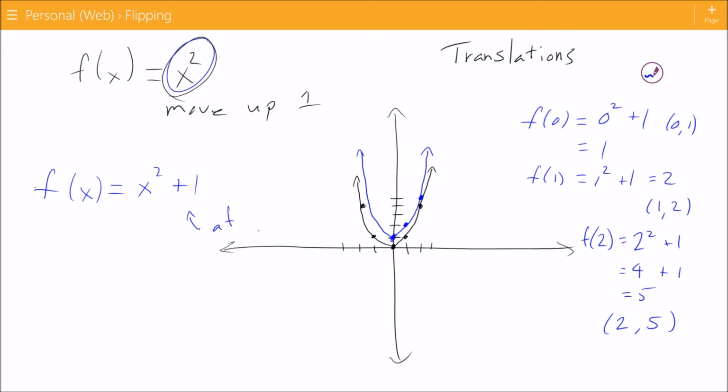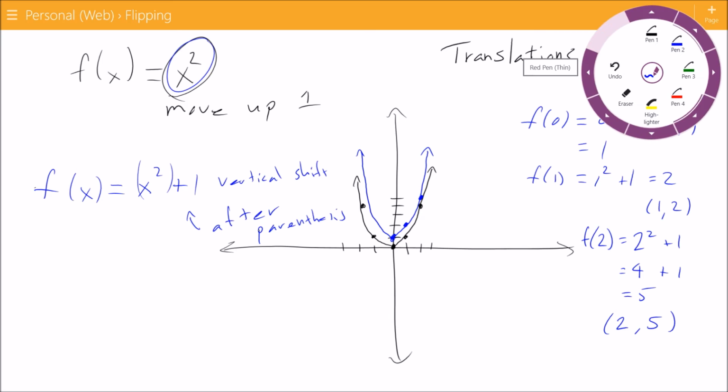For the vertical, your vertical shift is going to be after the parentheses, basically. You can think of it as there's my original function, and then I just tack a 1 onto it.